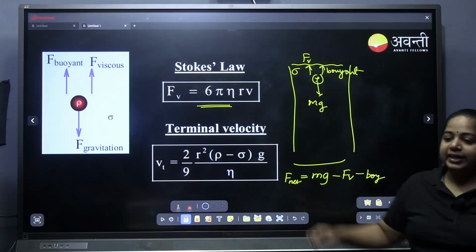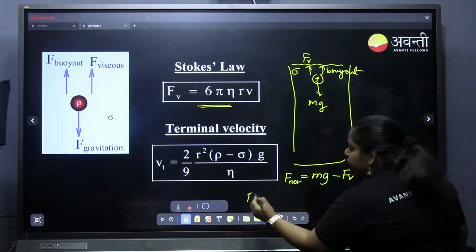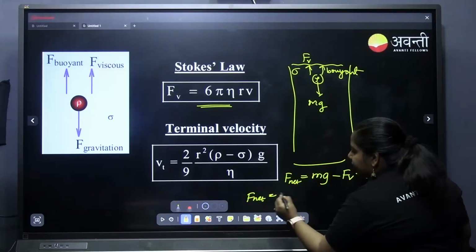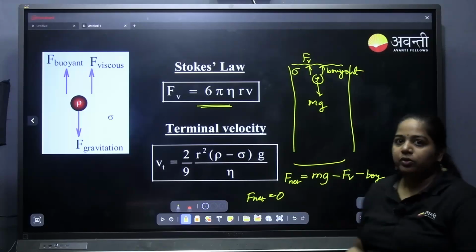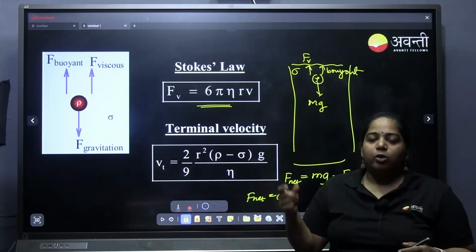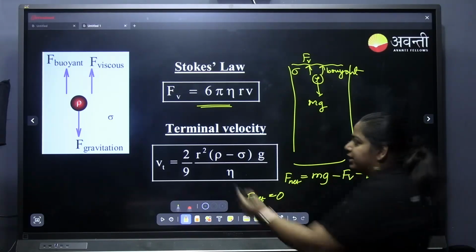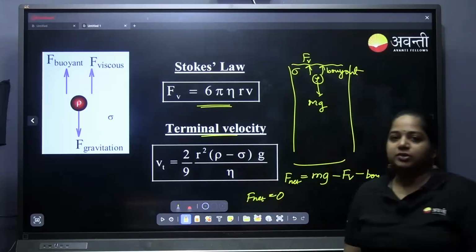Terminal velocity occurs when this net force is 0. F net equal to 0. Net force 0 means there is no acceleration, the object will fall with constant velocity. That constant velocity is called terminal velocity.